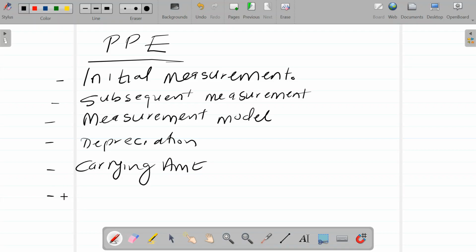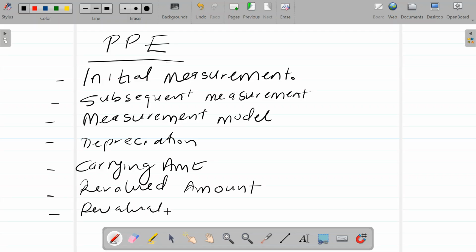Then we have revalued amounts. We have what we call revaluation surplus, or revaluation surplus or loss.